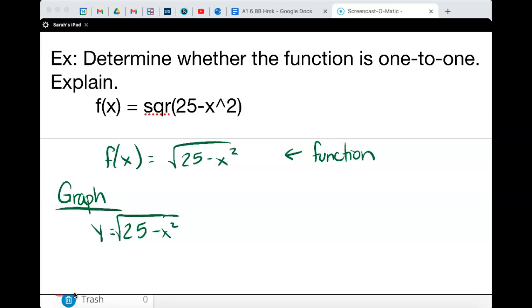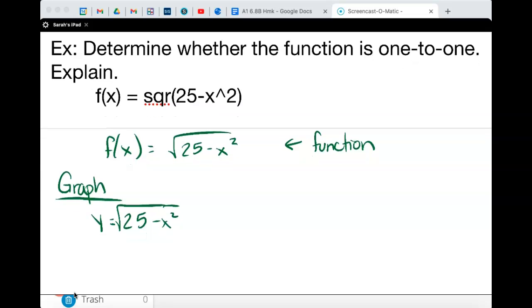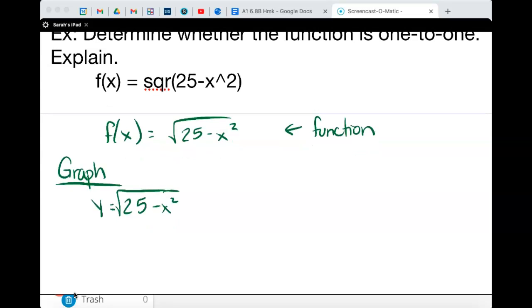Okay, so I just replaced f of x with y just because I'm going to manipulate this a little bit into something that we might know what it looks like. So basically I can square both sides to get rid of the square root. So I have y squared equals 25 minus x squared. And then I could add x squared to both sides.